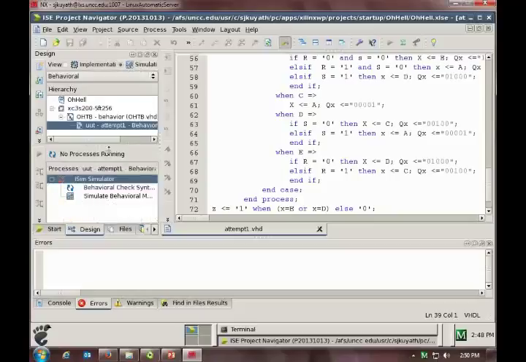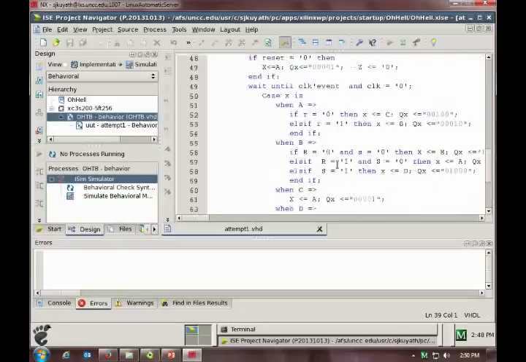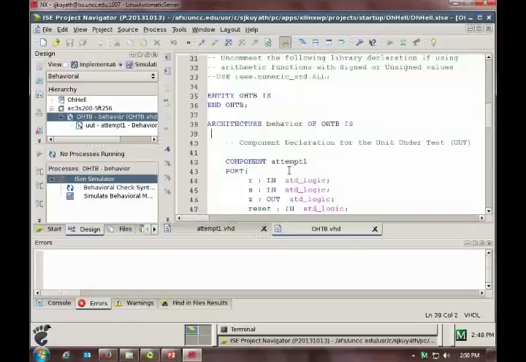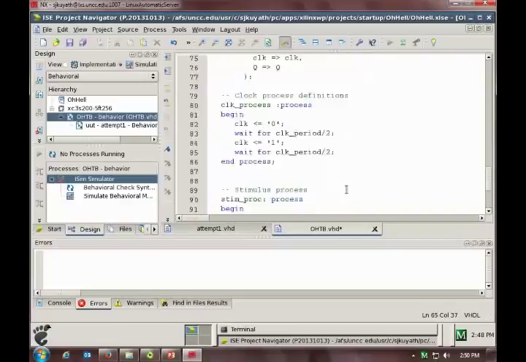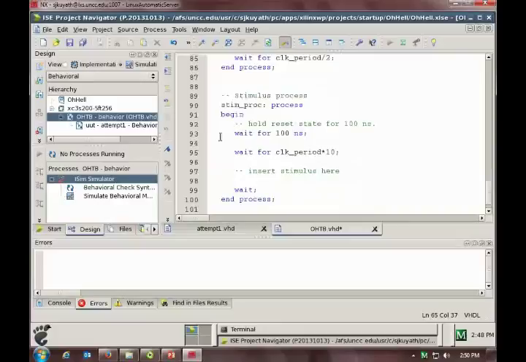Okay, but it's showing it under simulation. Okay, I'm going to try this. Here's my behavioral, and it shows all that. It shows the clock period. I want to change that to 100 nanoseconds. It shows all this. I'm going to change all that, or get rid of all that.